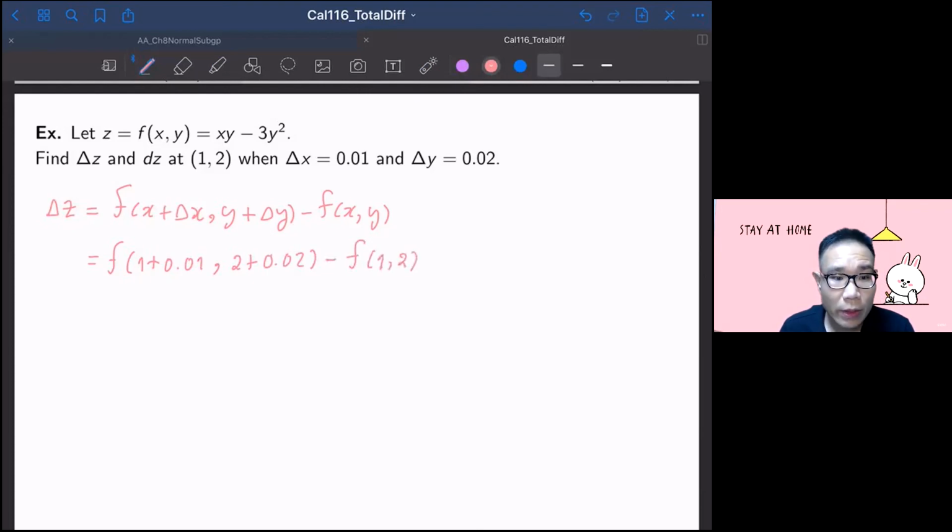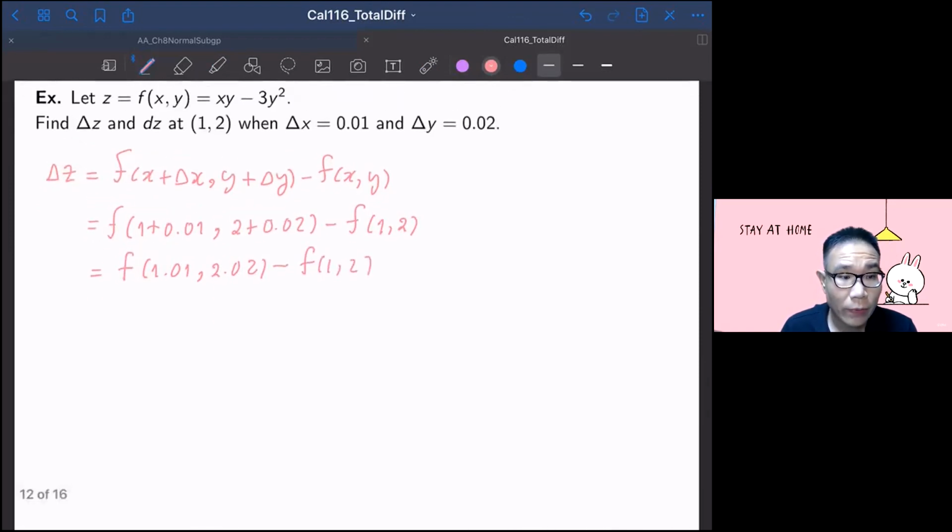So in this case, you get f(1.01, 2.02), subtract f(1, 2), and you can evaluate this.